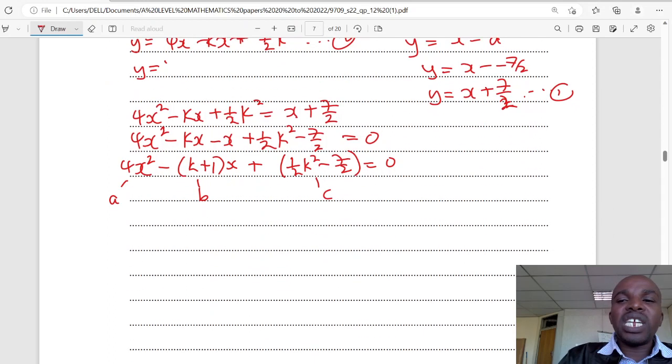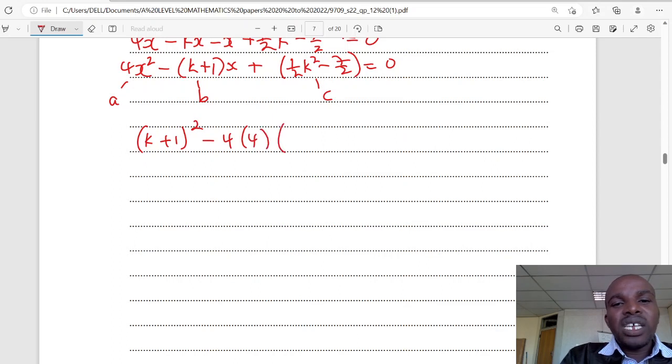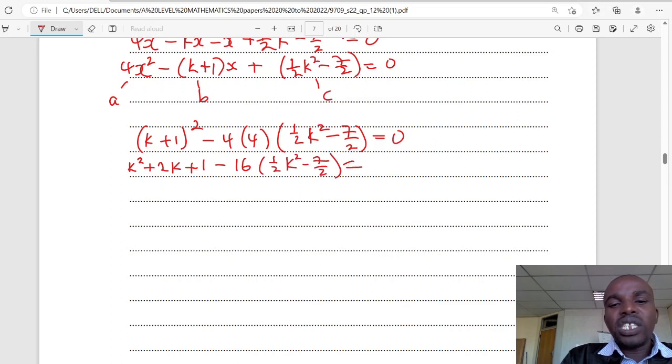Then apply b squared minus 4ac is equal to 0, which means k plus 1, that's your b squared, minus 4a, which is 4, c is half k squared minus 7 over 2, must give you 0. Then expand this part. You get k squared plus 2k plus 1, then minus this part, you get 16 times half k squared minus 7 over 2 is equal to 0.